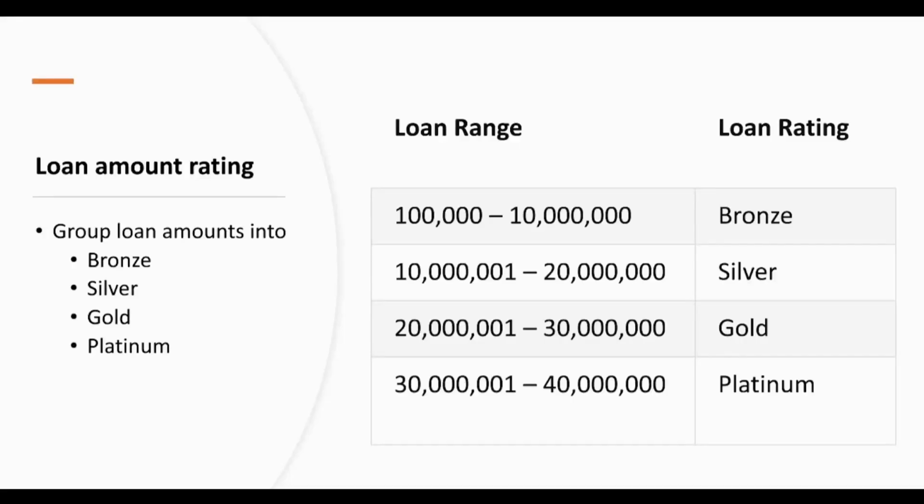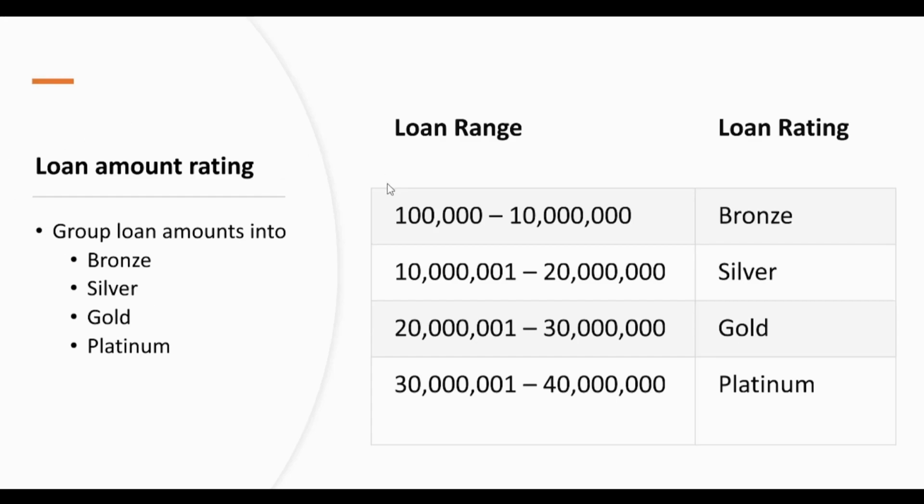Since this is a credit institution, that means it is offering loans. We are then moving on to group our loans into different categories. Generally, we have 4 categories of different types of loans, depending on the amount, and those are bronze, silver, gold, and platinum.